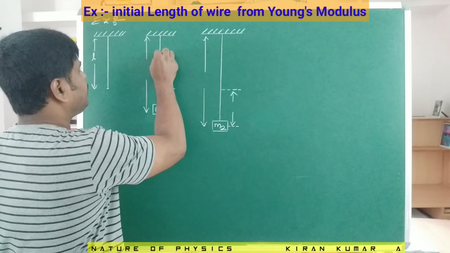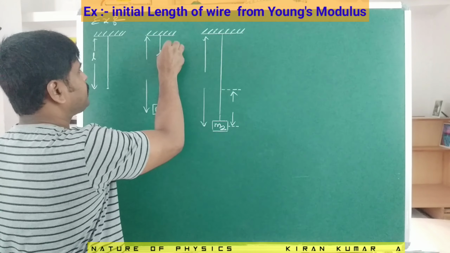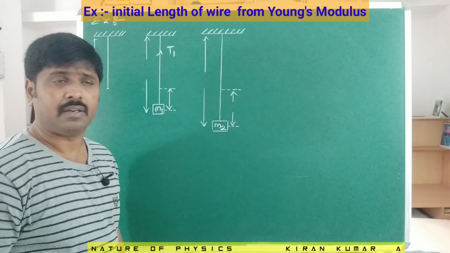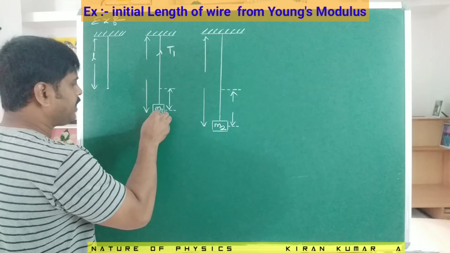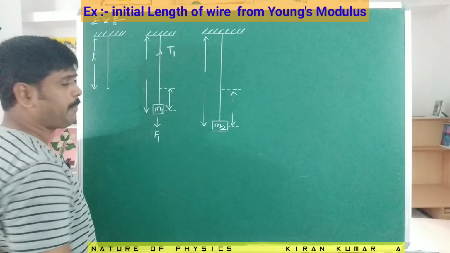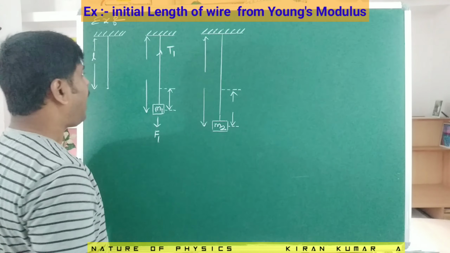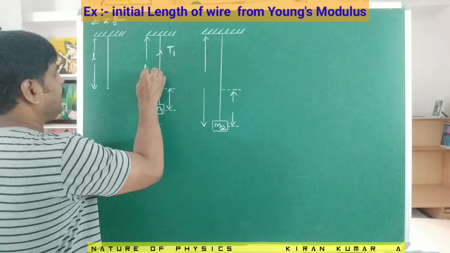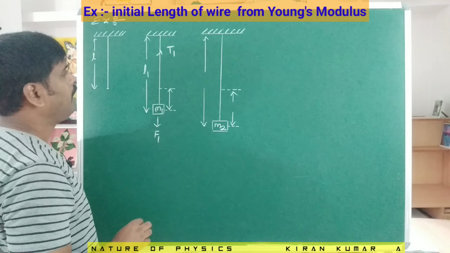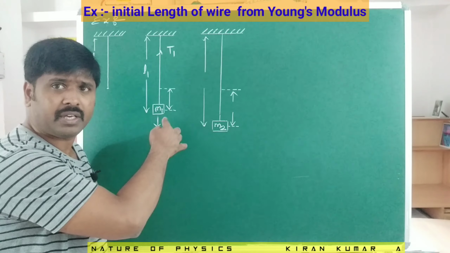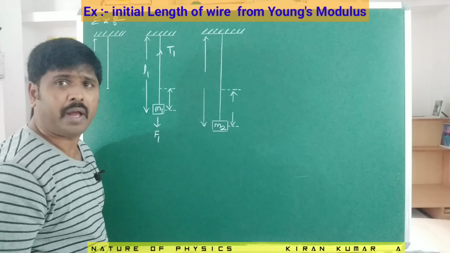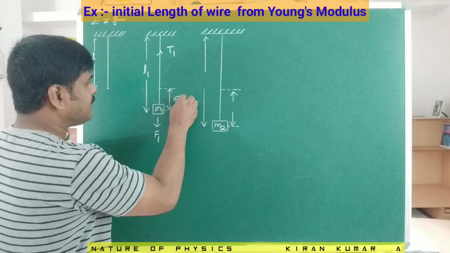That's why tension T1 is created in the wire. In the downward direction, F1 acts, the weight of the body, and in this situation the length of the wire is L1. Because there is elongation, the total length is taken as L1 and elongation is E1.